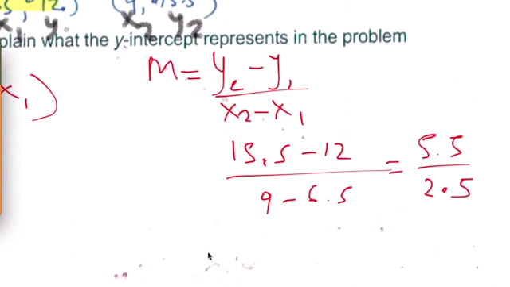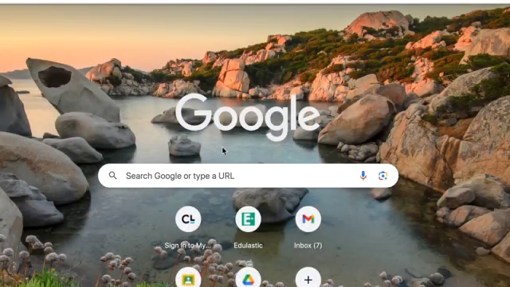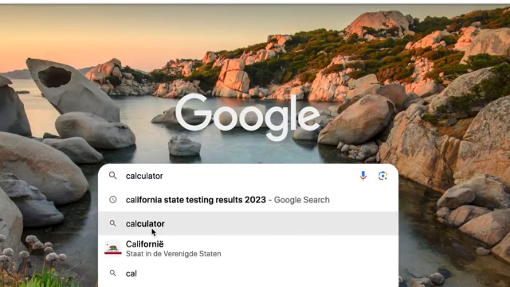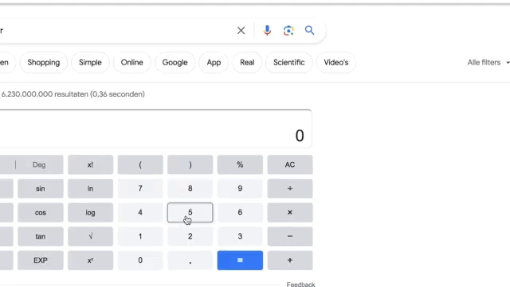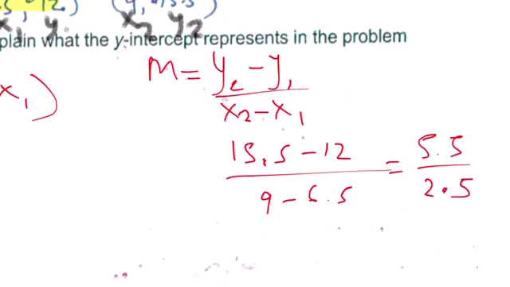Let me see if my calculator has a decimal. This calculator doesn't, so I'm going to use a Google calculator. So 5.5 divided by 2.5. So the slope is 2.2. Okay? The slope of 2.2.